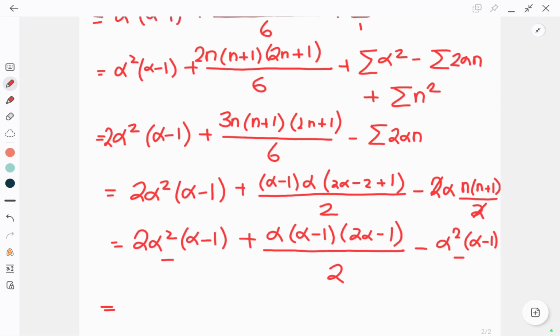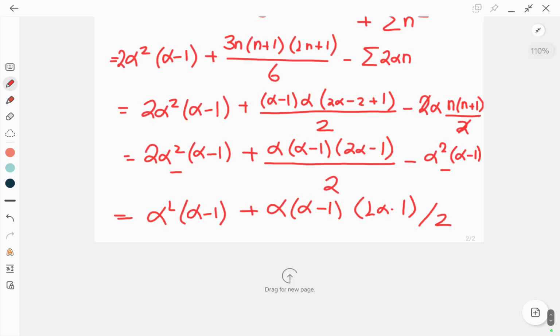We'll add them, so we'll get alpha square into alpha minus 1 plus alpha minus 1 into 2 alpha minus 1 by 2.